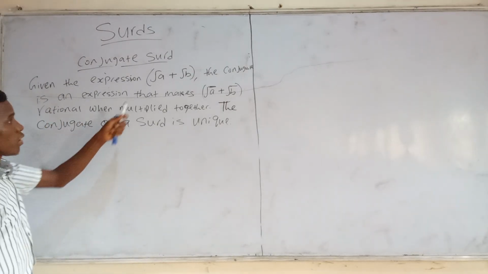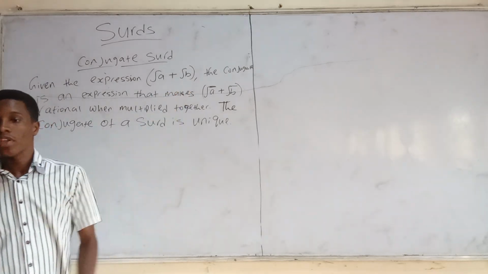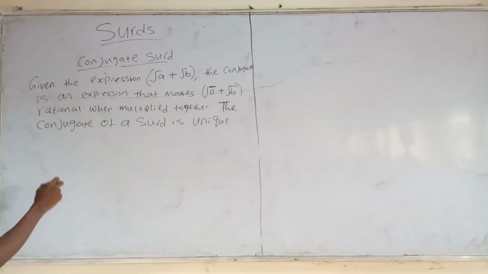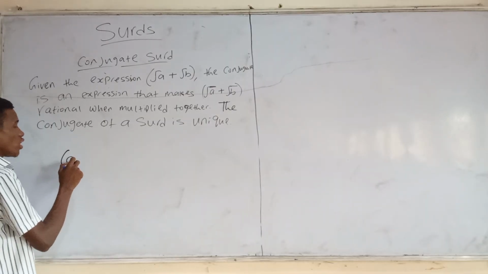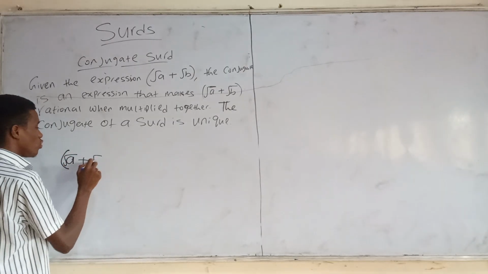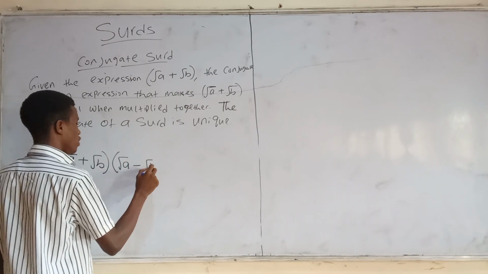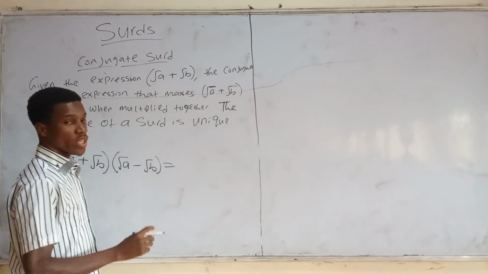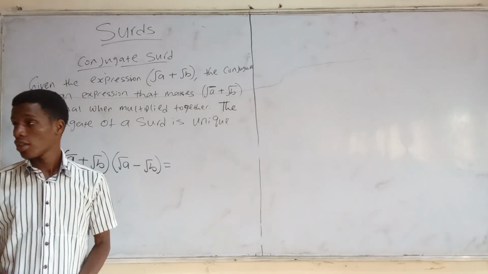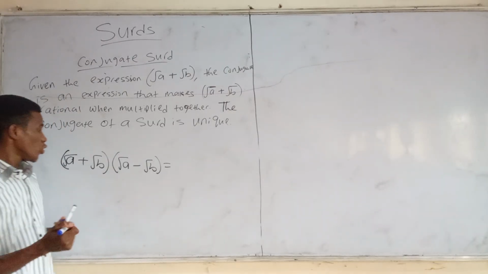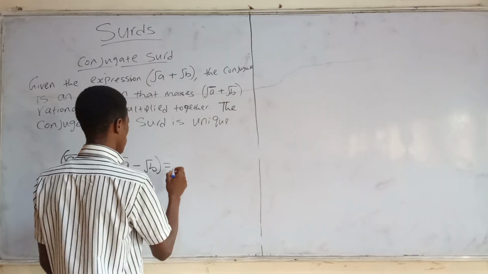So from this case now, what's the conjugate of this, from this definition? Root A minus root B is the conjugate. So when we have root A plus root B, you just see by yourself. Multiply by root A minus root B. Now this idea of conjugate comes from difference of two squares. So when we multiply these two numbers, what do we have? Root A times root A is what?